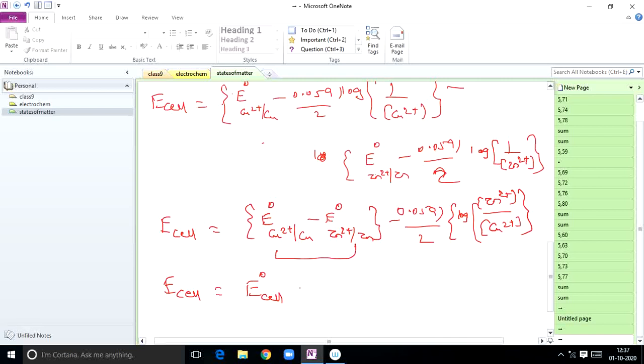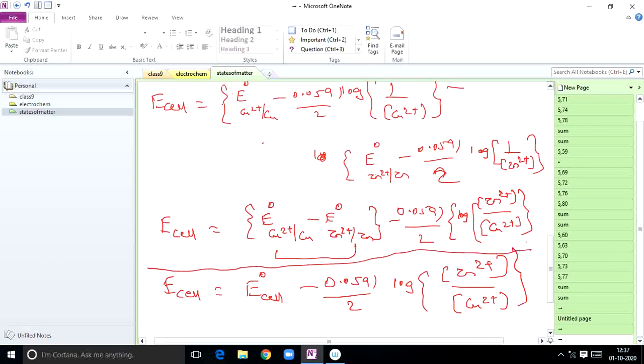So E cell is equal to E naught cell minus 0.0591 by 2 into log of concentration of Zn2+ by concentration of Cu2+. This is the final expression, and it is important for numericals.